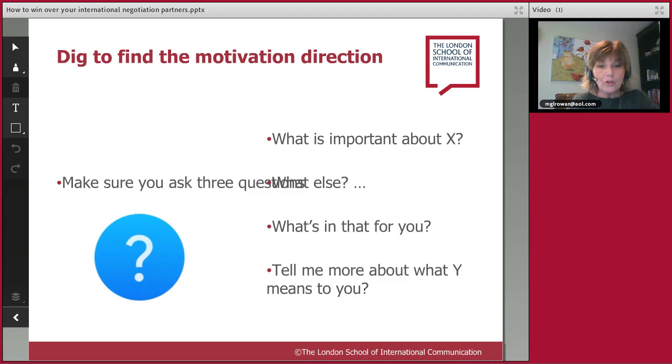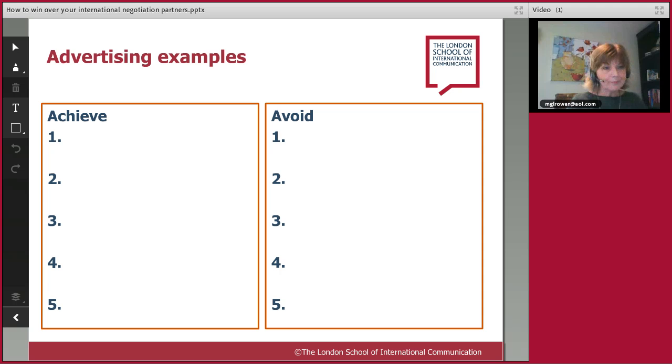So I've got 5 examples here taken from different products. I just had a quick look on the internet at a few products. So what I'm going to do is read them out to you, because when you see things written down, you process it differently. And I'd like you to experience just hearing and then see whether you can still recognize the motivation direction just from hearing. So there are 5 examples.